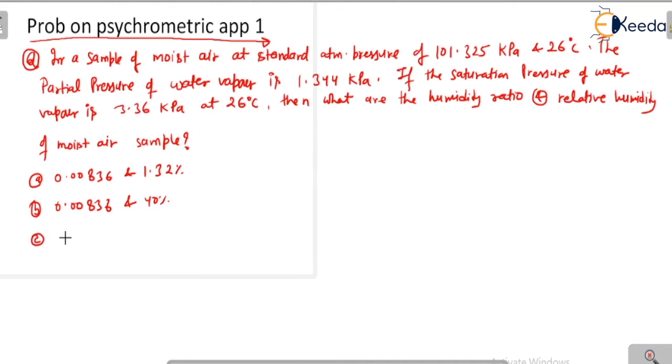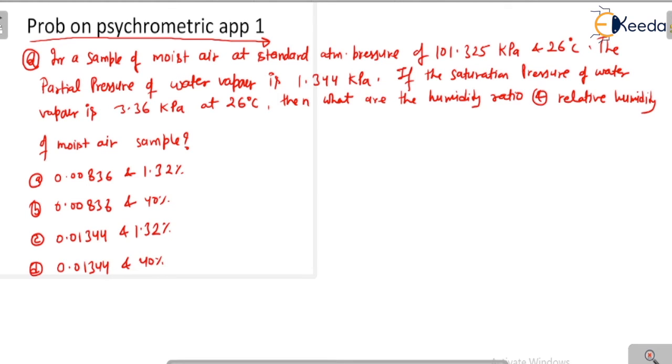Option C is 0.01344 and 1.32%, and option D is 0.01344 and 40%. So these are the basic options.